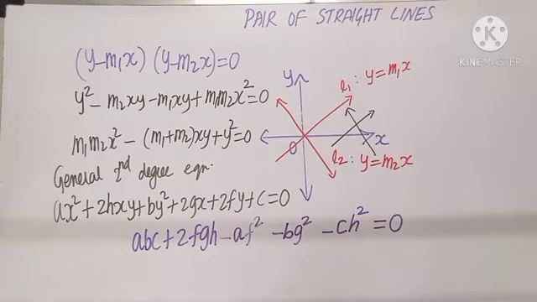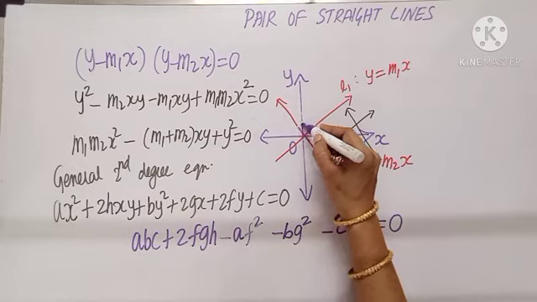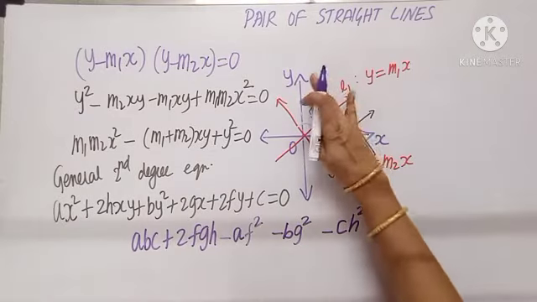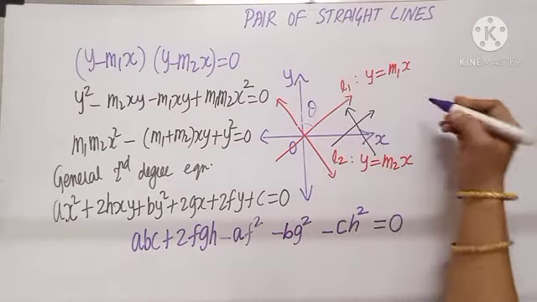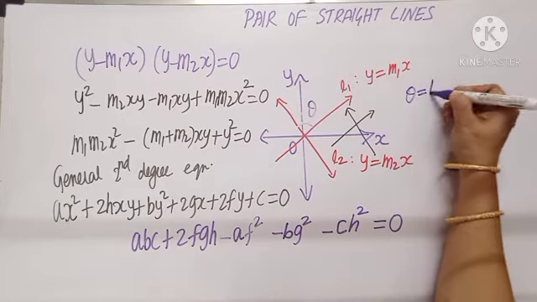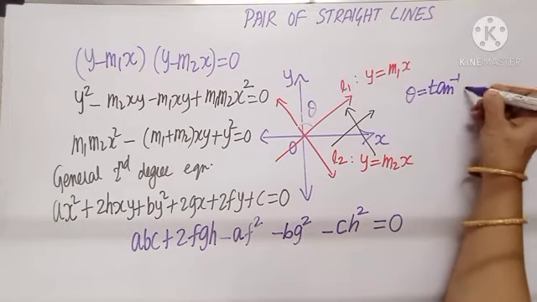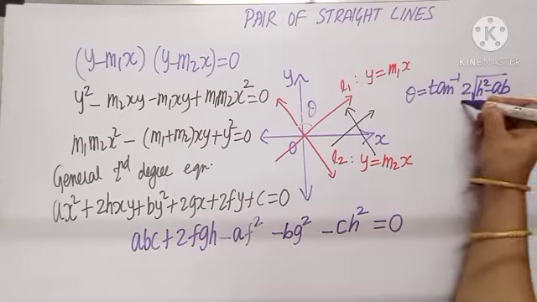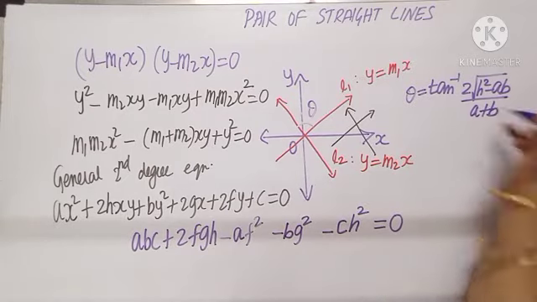Now, what is the angle between the two lines? How to get the angle? I call theta as the angle. Then we say theta equals tan inverse 2 root of h square minus ab by a plus b.